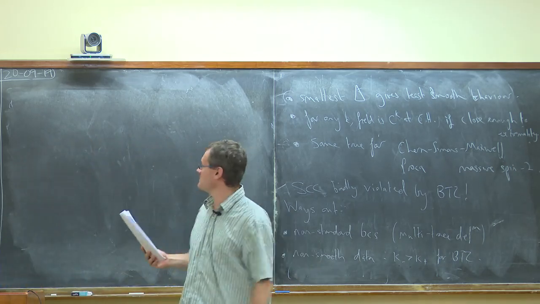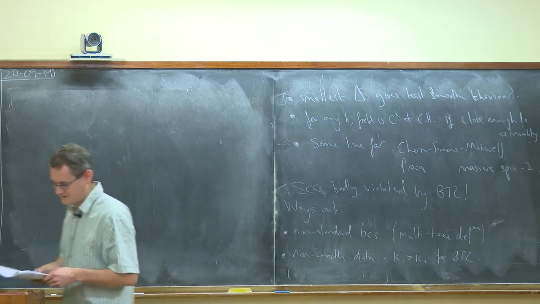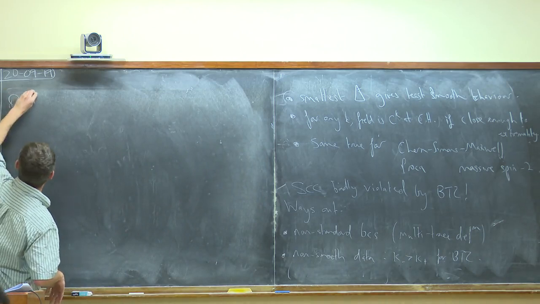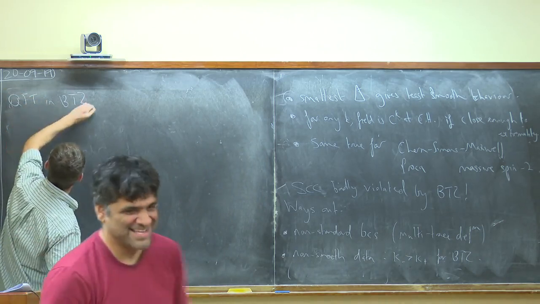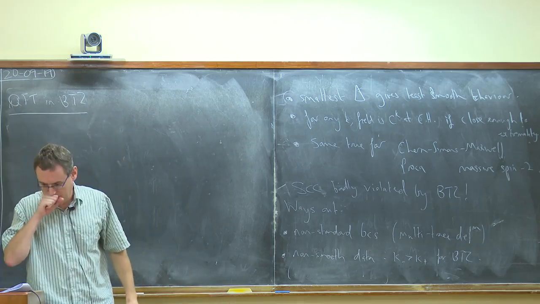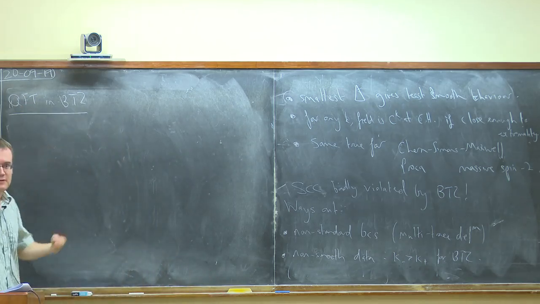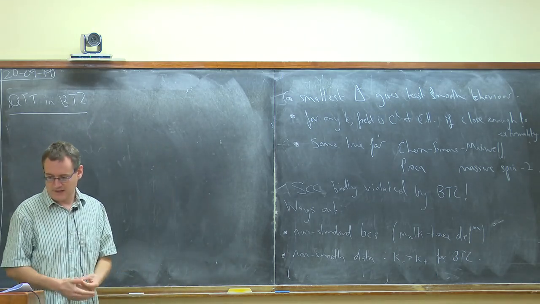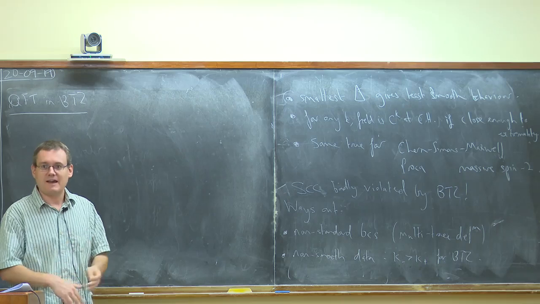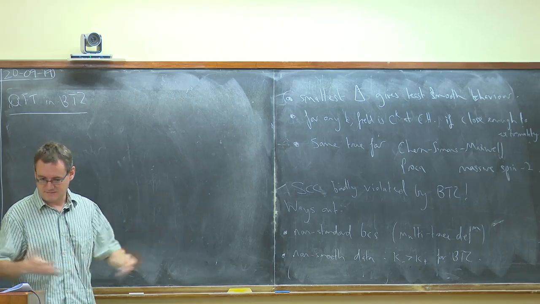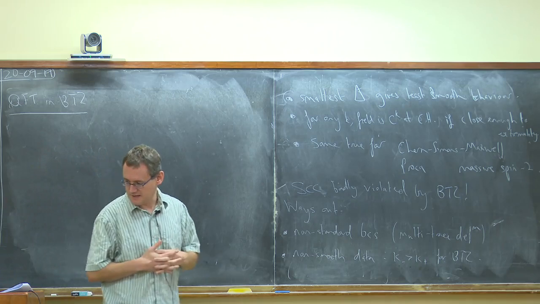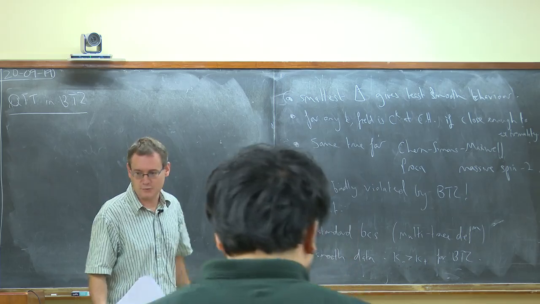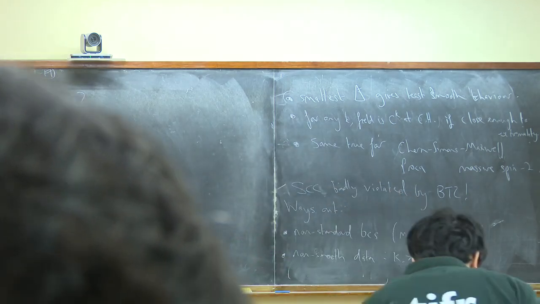Okay, so let me finish by telling you about another possible way out, or another thing you can think of, which is to look at quantum field theory in the BTZ spacetime. So far everything we've done is classical, but if we form a BTZ black hole by gravitational collapse, for example, it's going to Hawking radiate, and the Hawking radiation will bounce off infinity and hang around outside the black hole. And eventually, the black hole is going to settle down to a state of thermal equilibrium with its own Hawking radiation.